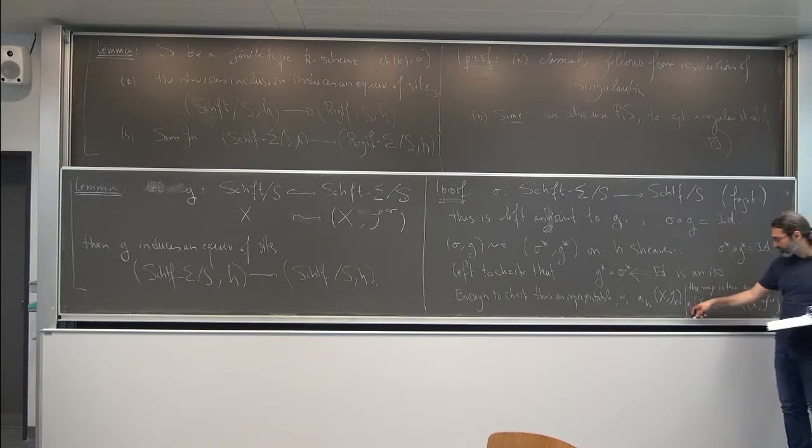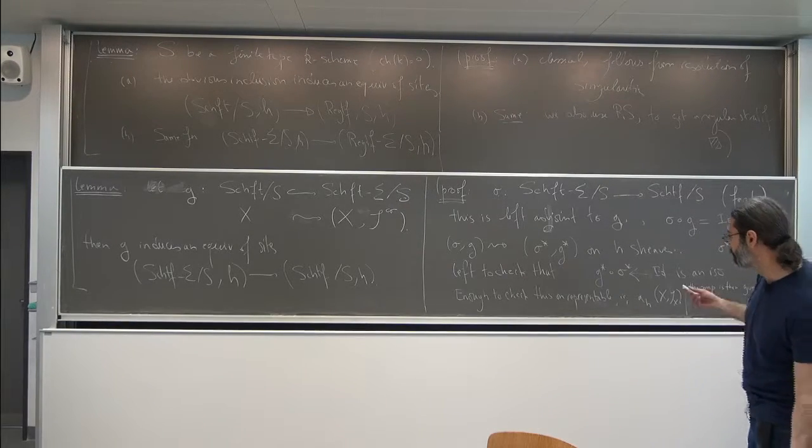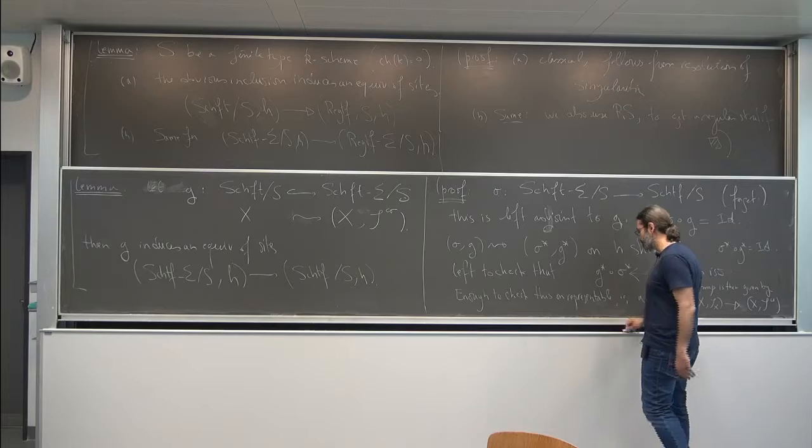If you forget the sheafification, this map is injective, of course. It's a monomorphism, but it's also a cover. And so it's surjective H locally, and therefore it's an isomorphism in the H topology. There is probably a different way of stating this.